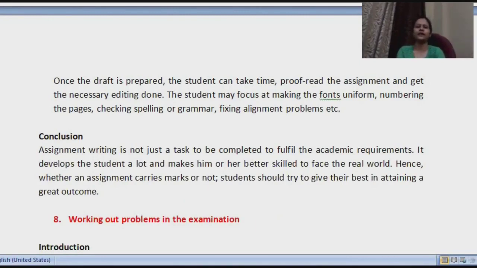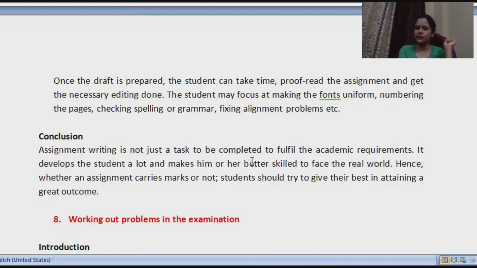And finally, you can conclude saying that assignment writing is not just a task to be completed to fulfill an academic requirement. Just because your college is asking you to write on obiter dicta, that should not be your only focus, that somehow I should be done with this.